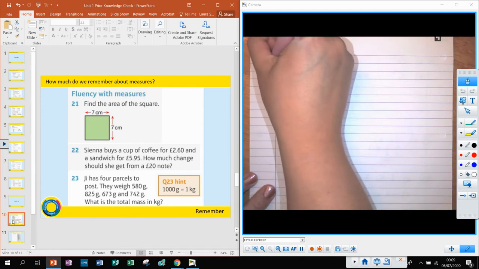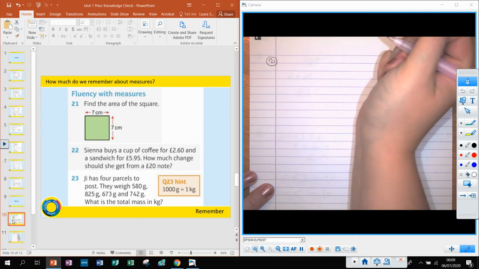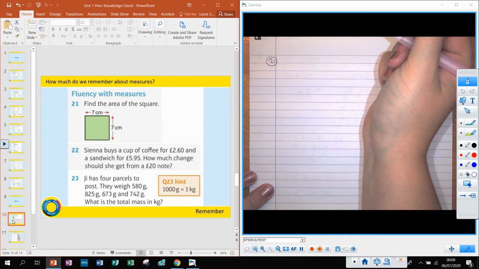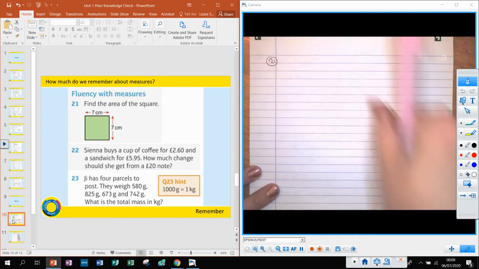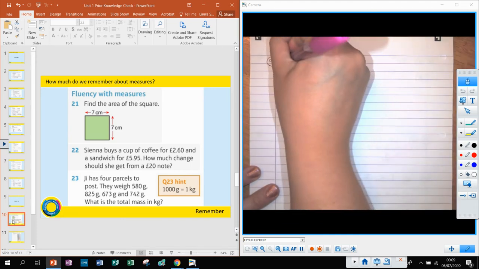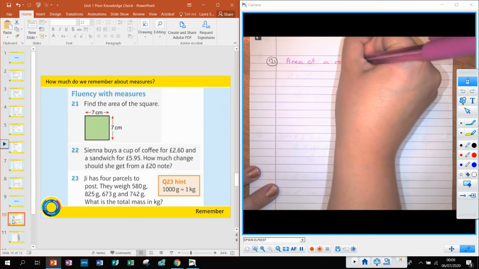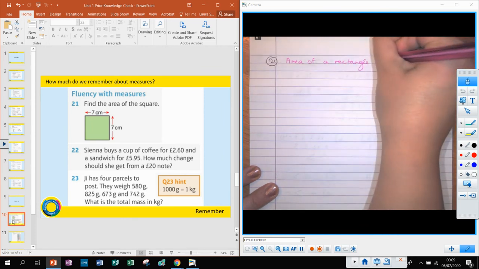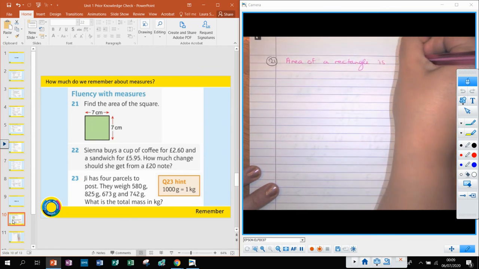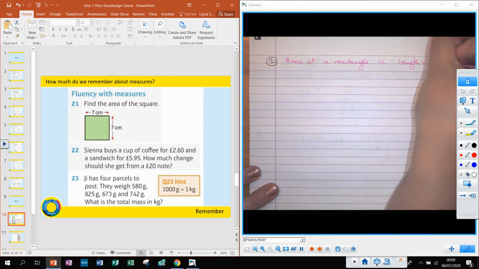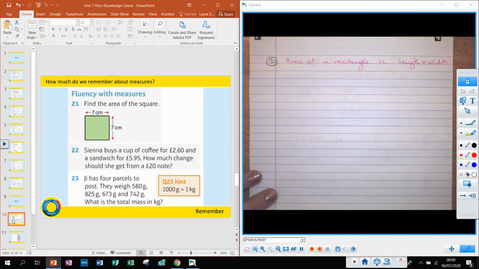Okay, so question 21, we are dealing with a square, and it wants you to find the area. So before we do this, let's just remind you that the area of a rectangle is length times width. Now, a square is technically a rectangle.